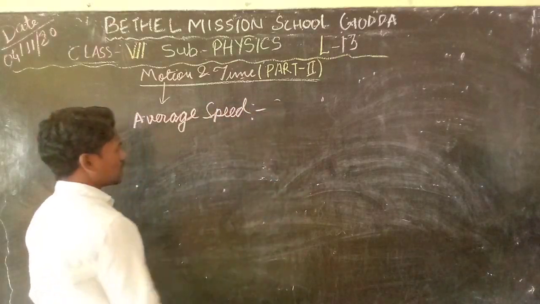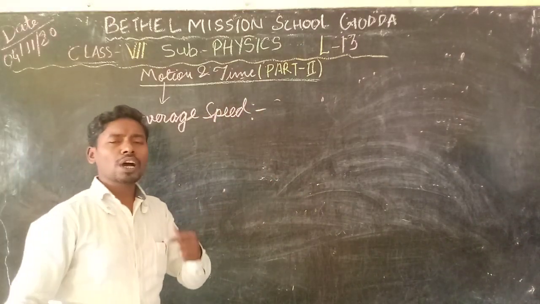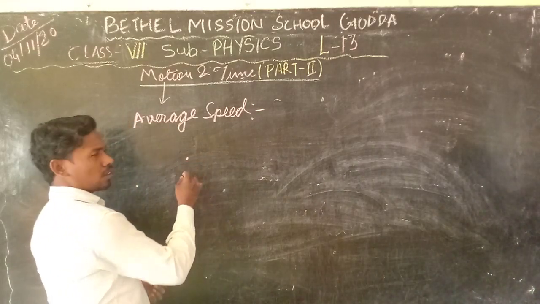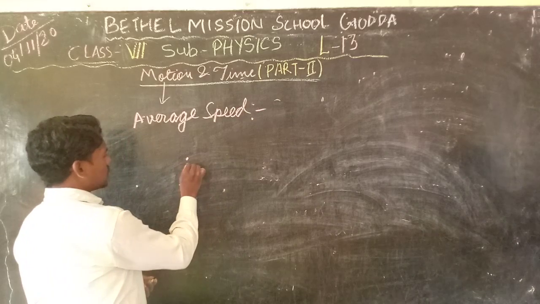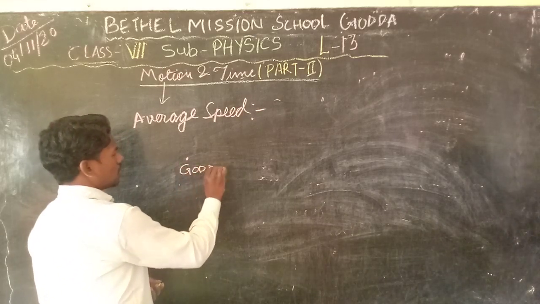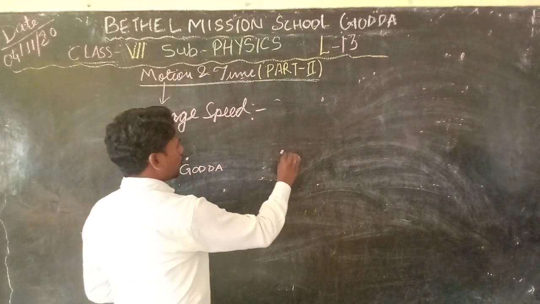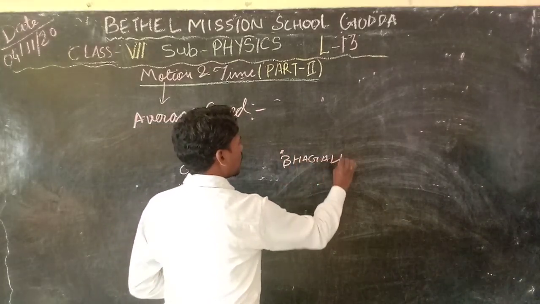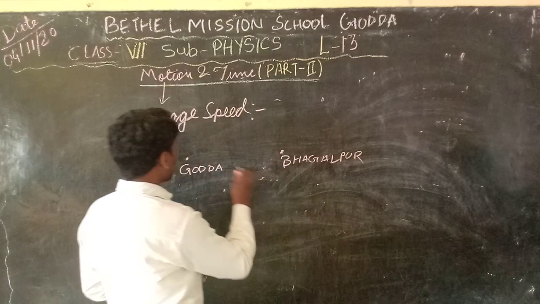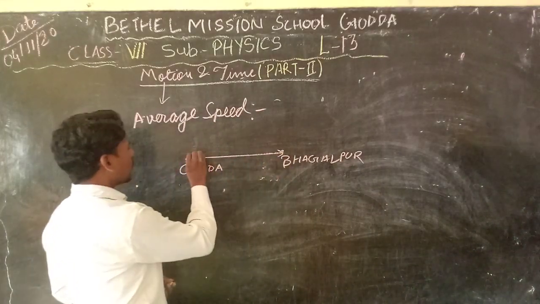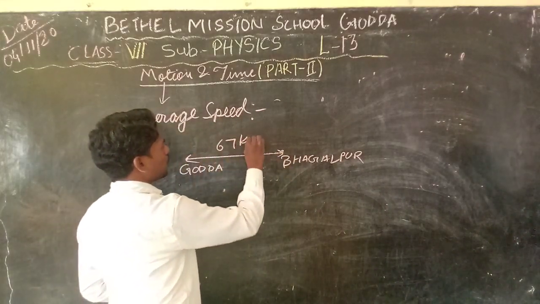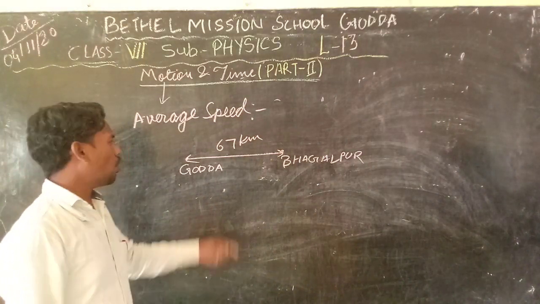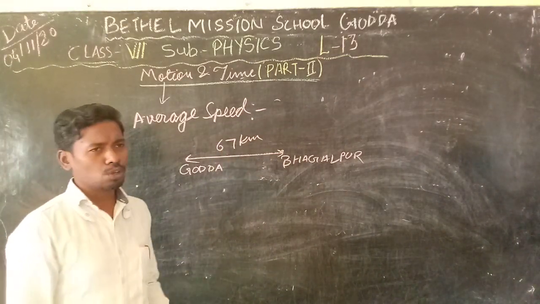I will give you one example. For example, you are going in a bus. You might be going to Bhagalpur, let us say. This is Godda, and this is your Bhagalpur. What is the distance? 67 kilometers as on the board. You see, distance on the road is 67 kilometers.